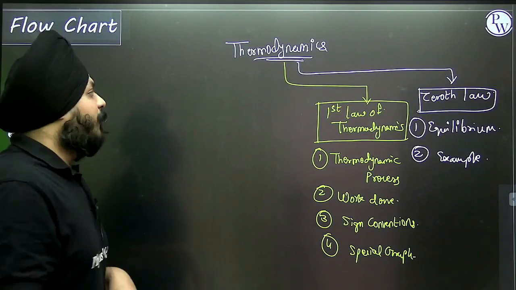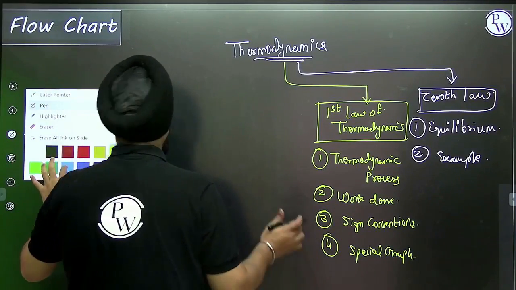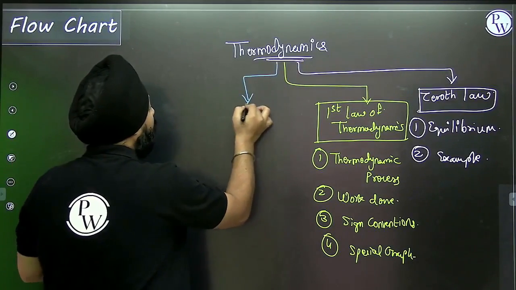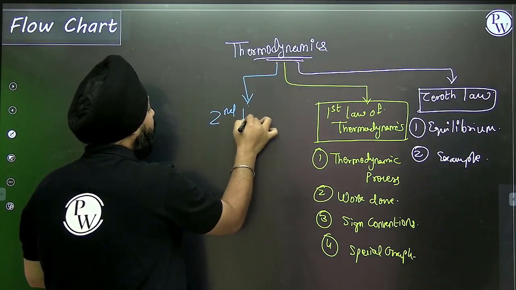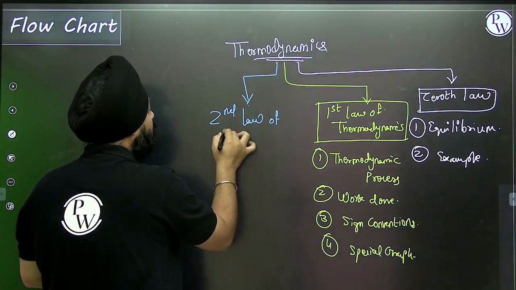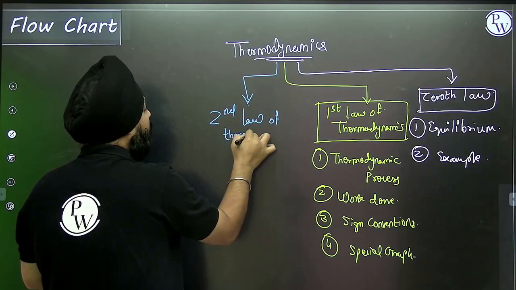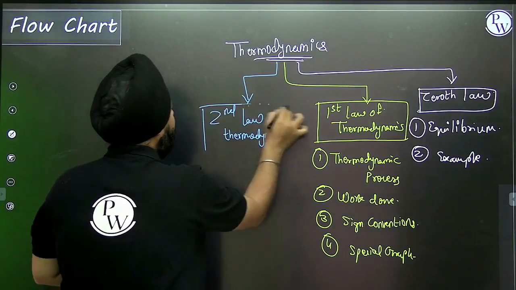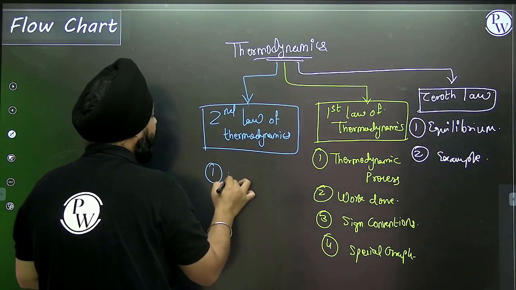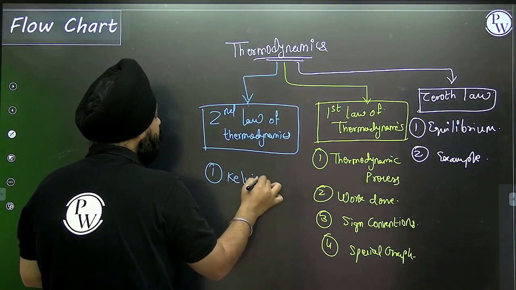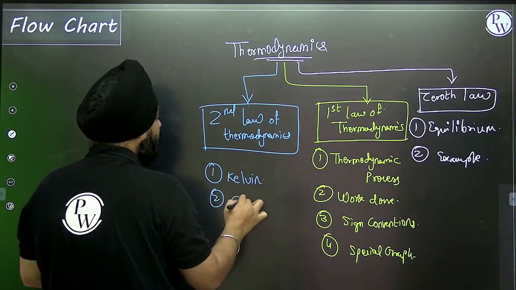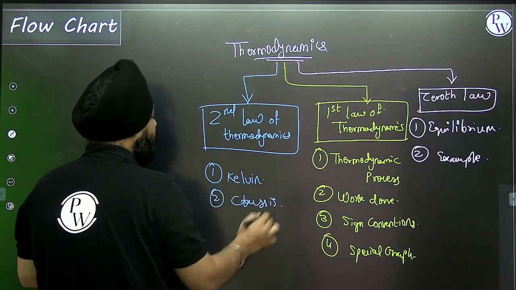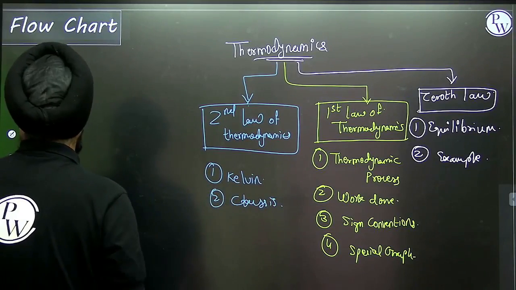Now, after the first law of thermodynamics, the next part goes to the second law of thermodynamics. In the second law of thermodynamics, basically we have two kinds of statements. The first was given by Kelvin and the other by Clausius.